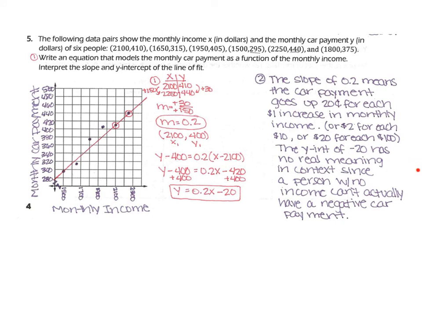But we want to explain why, so I really make sure we understand why that doesn't make sense for this problem. Now, if you would have gotten 0, maybe that does make sense. For your y-intercept, maybe it makes sense to say somebody without any income would have no car payment, because they wouldn't be able to afford a car. So something along those lines.